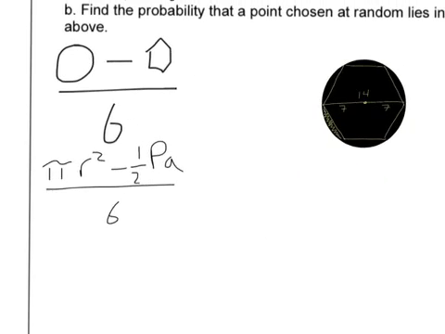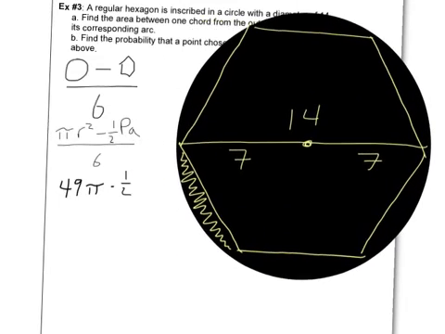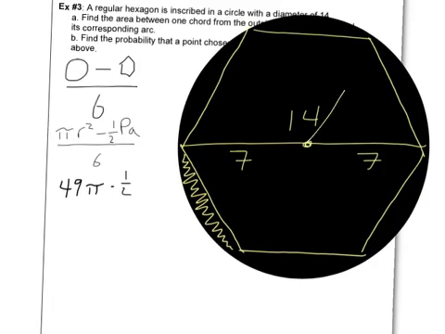So let's see, what information do we have? Well, we do know the radius, because it's just from the center to the outside. That's 7. And so 7 squared is 49. So we actually know that it's going to be 49 pi minus 1/2. Do we know the perimeter? Well, let's zoom in on this figure again. Actually, we do, because we can draw in all these lines here.